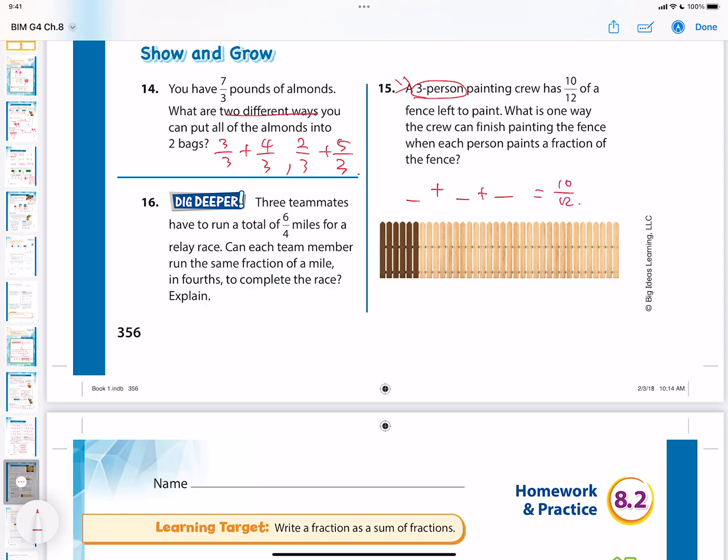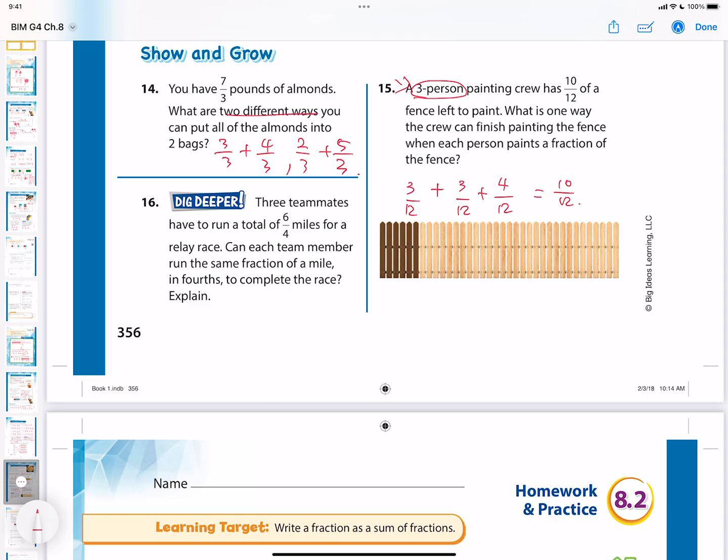So I'm going to split that 10. First person, I'm gonna ask to do 3 out of 12. And the second person is also 3 out of 12. But the last person has to do 4 over 12. So the last person will do a little bit more than the others. All right, that's simple.